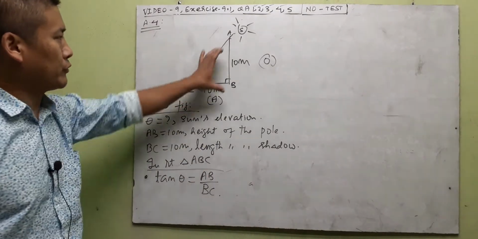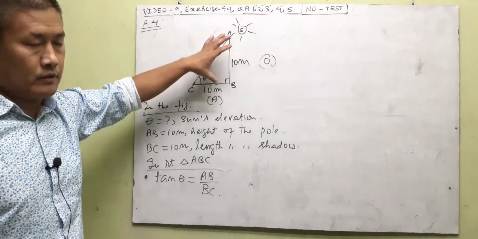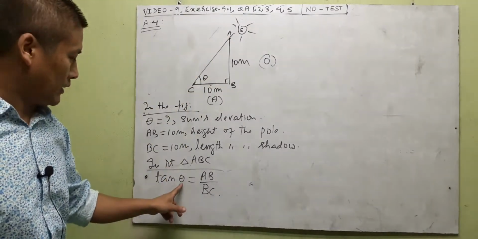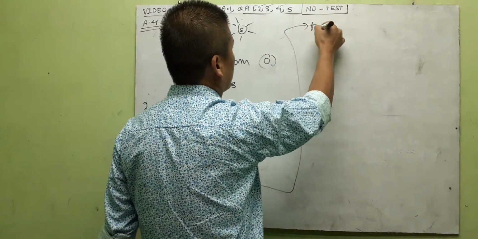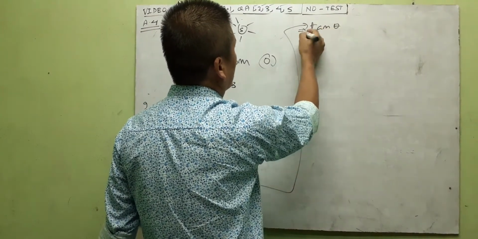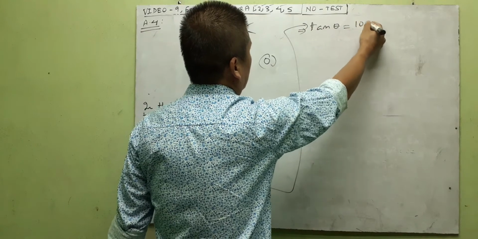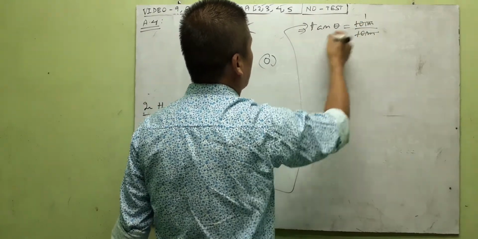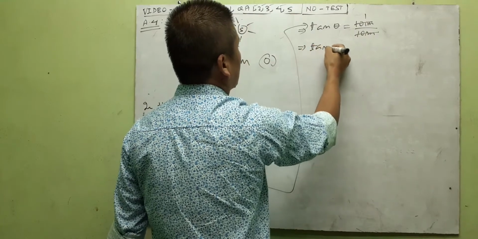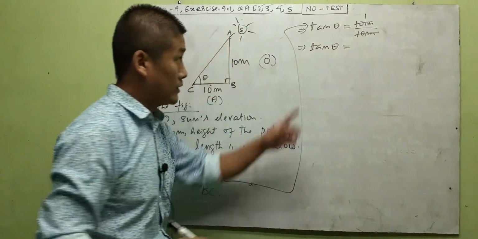We are making sure that we involve only those two sides whose values are known to calculate the angle. Okay, so we must keep that in mind. So tan theta will be equal to 10 meter by 10 meters. These two cancel, only one left. So tan theta is 1.